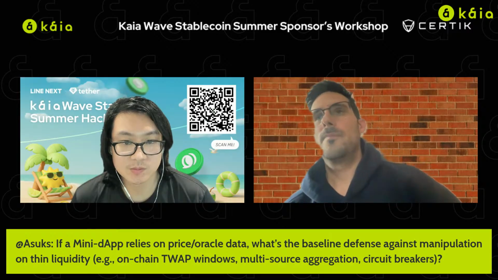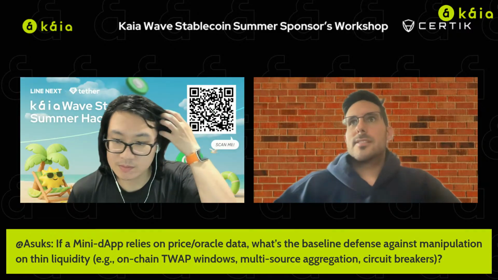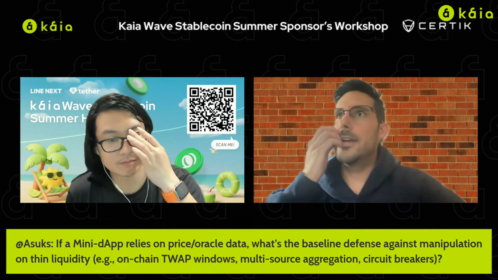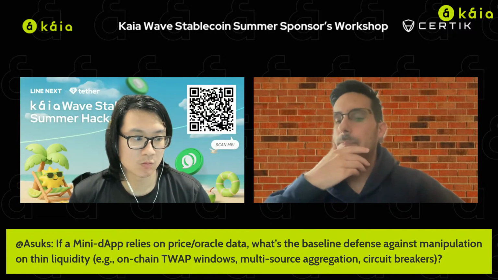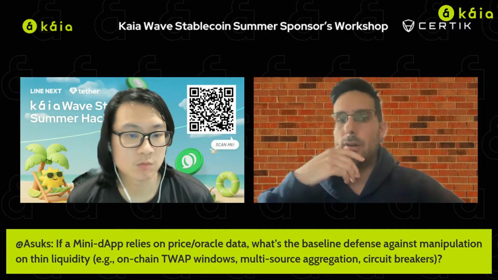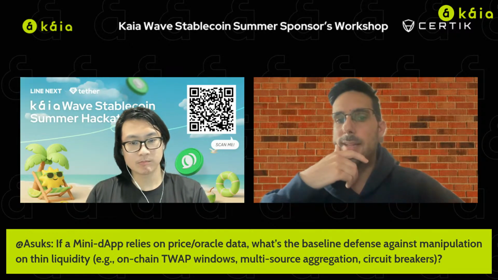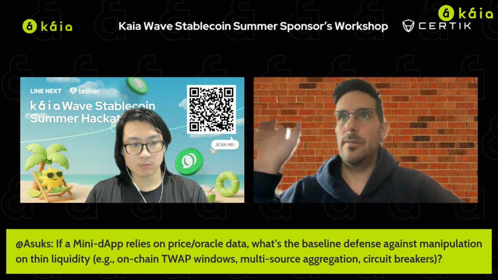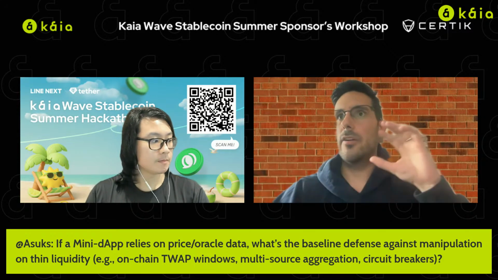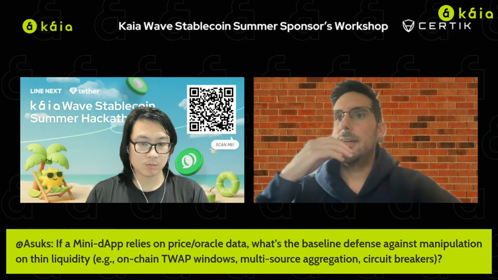Okay, so I think this question is related to one of the vulnerabilities that we saw on the backend, the synchronization between the on-chain and off-chain data.